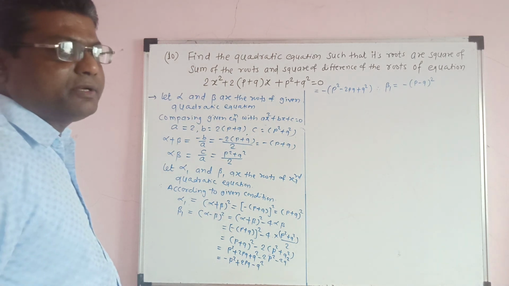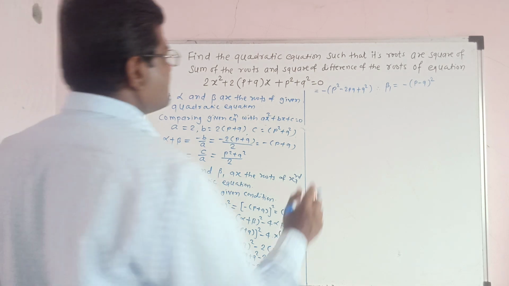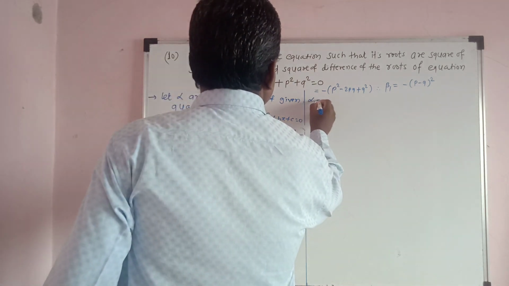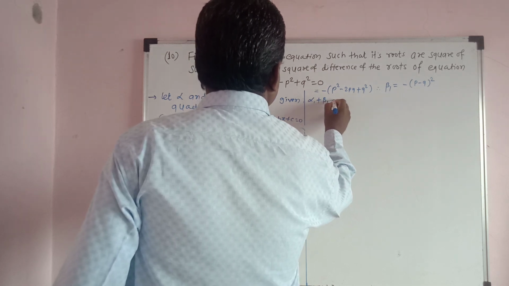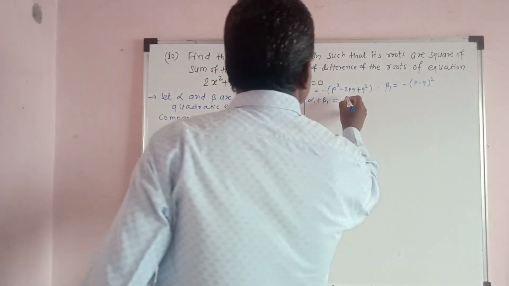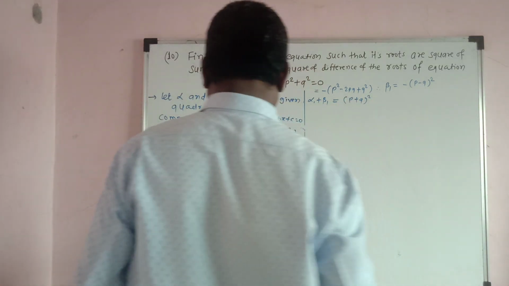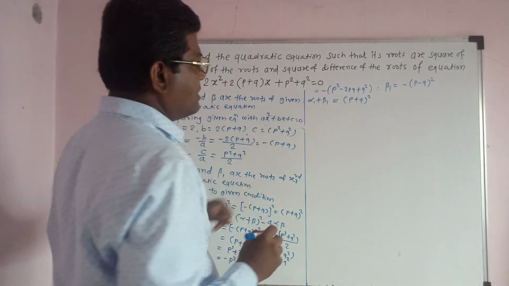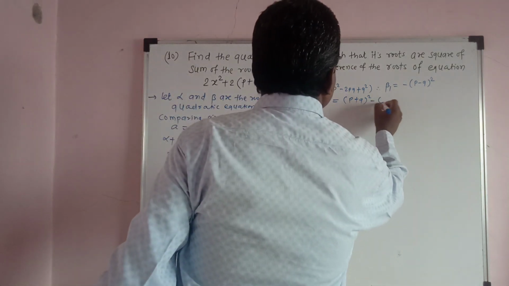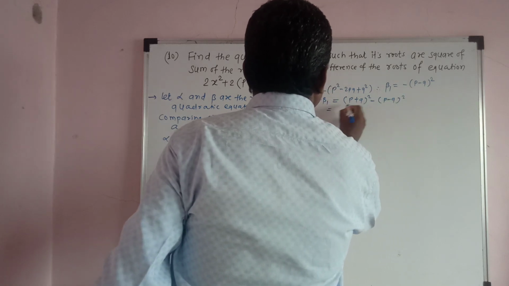Now let us find the sum of roots of the required quadratic equation, that is alpha 1 + beta 1, which is equal to (p + q)² plus (-(p - q)²).